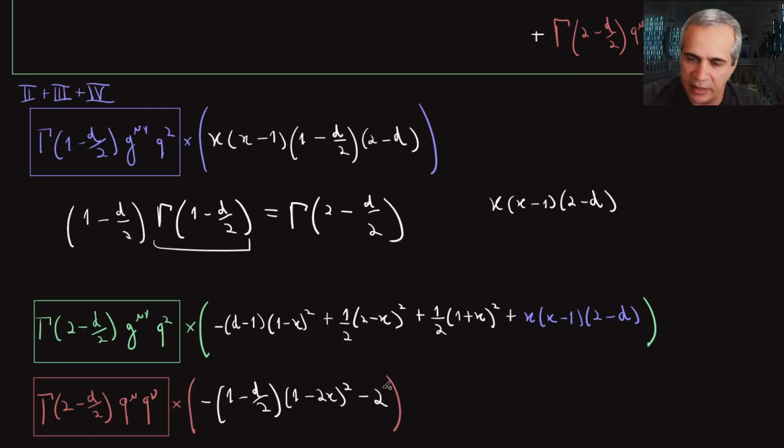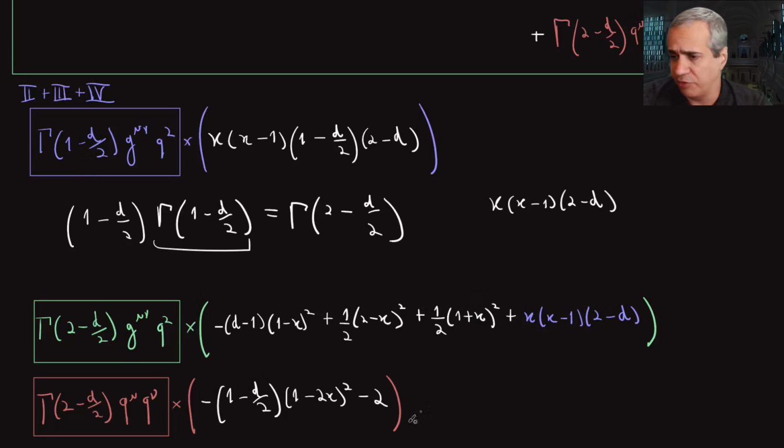And then again, I have to do some algebra, and I get this expression right here. Now, the quadratic divergence is solved. I don't have to worry about this structure anymore. I just have these two, but they need to be the same up to a minus sign. They should differ only by a sign.